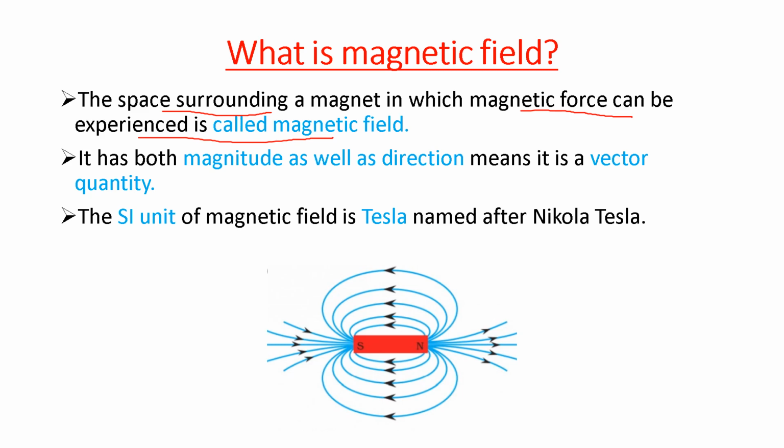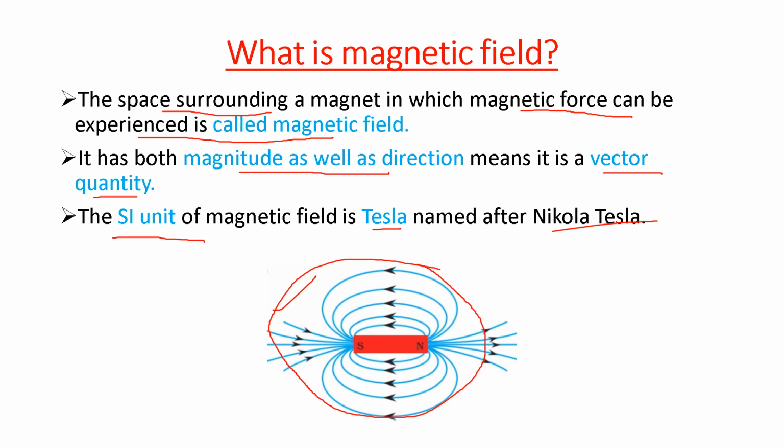The magnetic force can be experienced either by some magnetic materials or by another magnet, and because the magnetic field has both magnitude as well as direction, it is known as a vector quantity. We know that vector quantities are those quantities which have both magnitude and direction. The SI unit of magnetic field is Tesla, which is named after an American engineer, Nikola Tesla. Here a figure has been shown in which we can see a magnetic field around a bar magnet. So this was about the magnetic field.